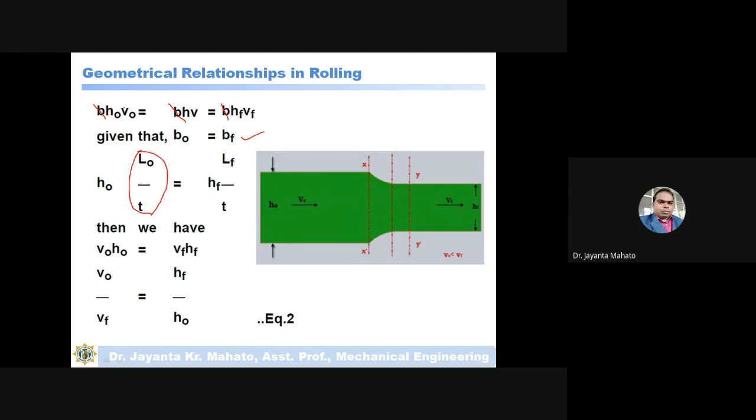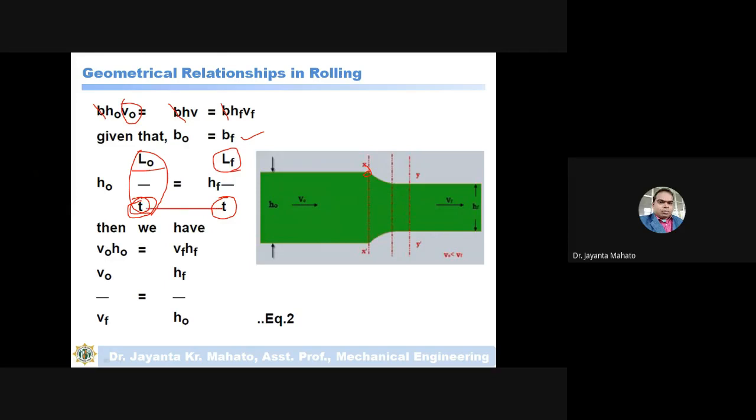This is actually velocity, meaning how much length passes per unit time. Velocity at entry is how much length is passing per unit time, and at exit how much length is passing per the same unit time.